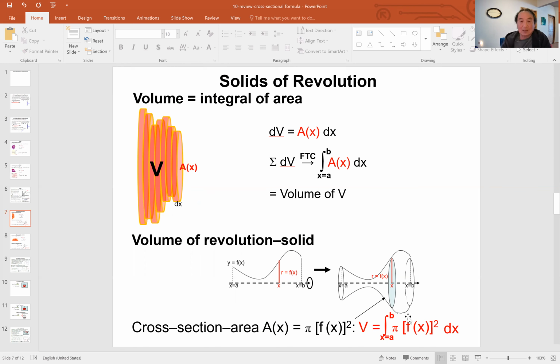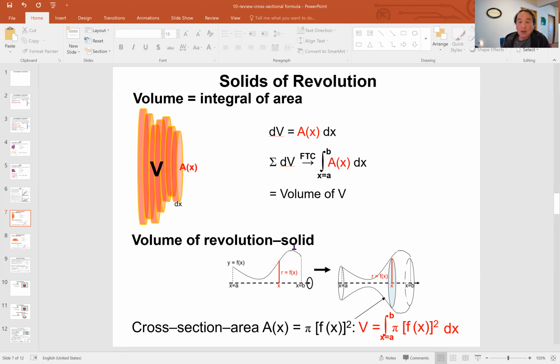I know the cross-sectional area of each slice, and I multiply it by the thickness to get the volume of that slice. I want to add up all the volumes, and the fundamental theorem of calculus says you integrate the area times dx. You add up all the dV's, the same as integrating, and you get a volume.